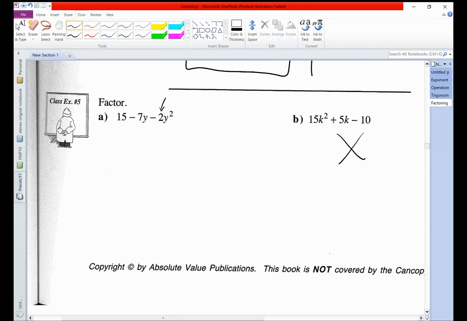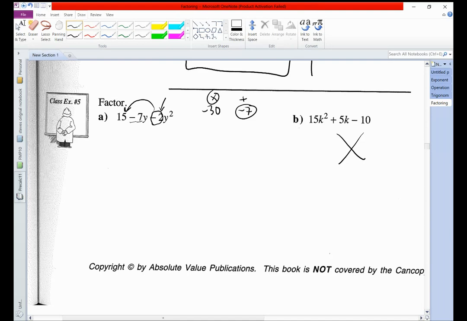If we could factor that 2 out of everything, then we would have no problems, but we can't. So we're going to take negative 2, multiply it by 15, and we get negative 30. So now we're looking for two numbers that multiply to negative 30 and add to negative 7.